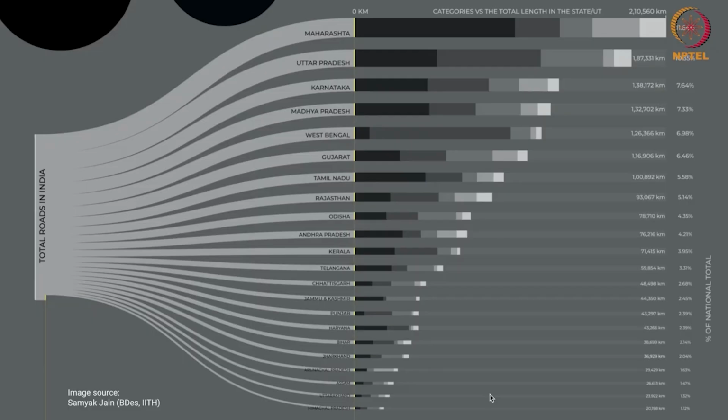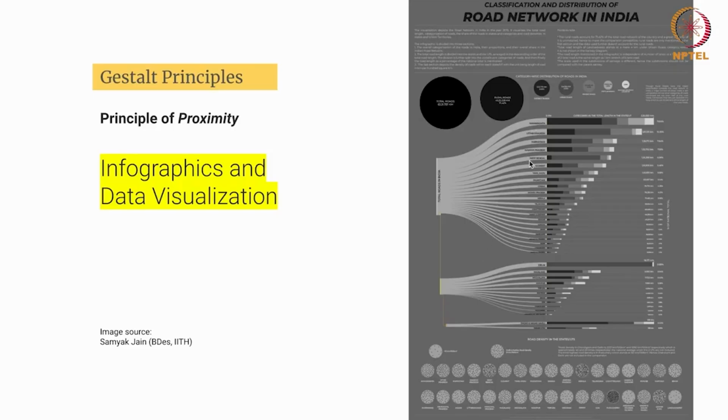I'm zooming in just to make you understand the details in this overall composition. Within this there are multiple ways it has been represented. There are two Sankey diagrams, so this becomes one group as a representation, and this becomes another. Within this, your brain will easily identify that these two are different segments, based on the representation of shapes and how the flow has been defined.